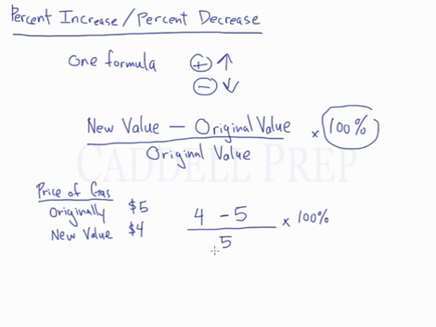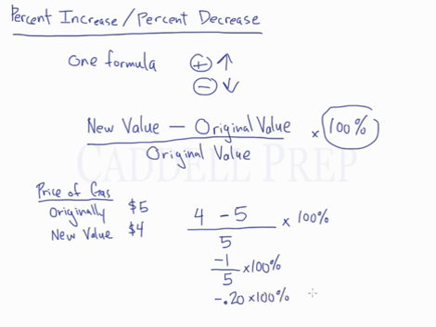Okay, so 4 minus 5, it's negative 1 over 5 times 100%. Negative 1 divided by 5 is negative 0.20 times 100%.